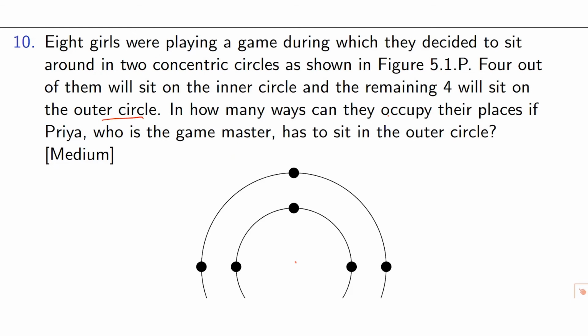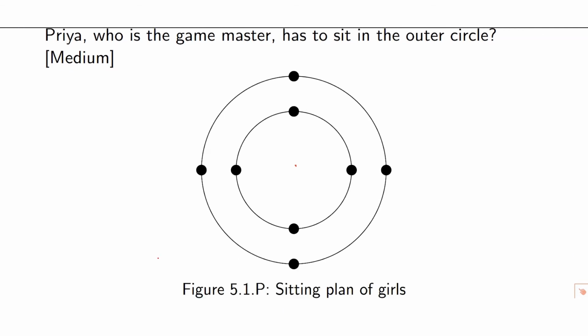In how many ways can they occupy their places if Priya, who is the game master, has to sit in the outer circle? We can see that 4 girls are decided to sit in the inner circle and the remaining 4 are allowed to sit in the outer circle, where the game master Priya has decided to sit in the outer circle only. So we have to count the number of ways they can occupy their seats.